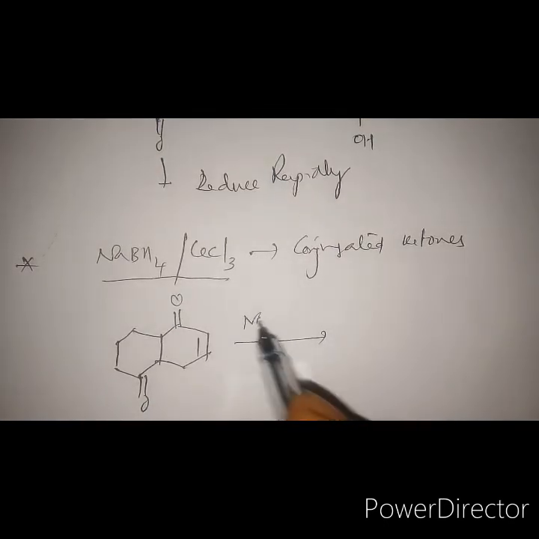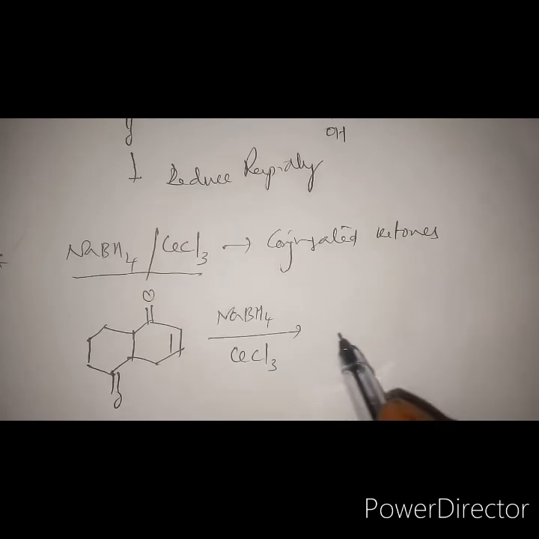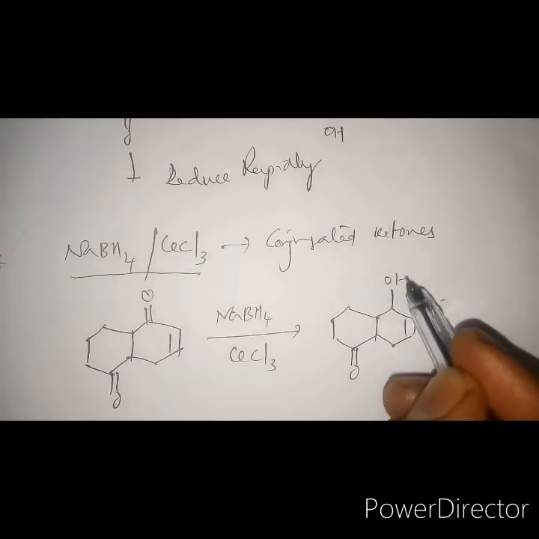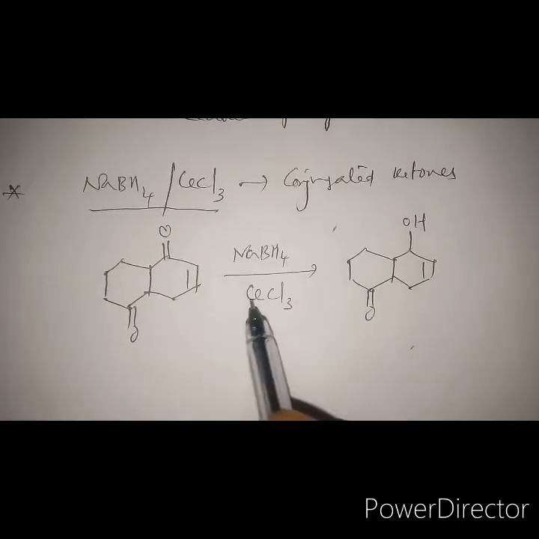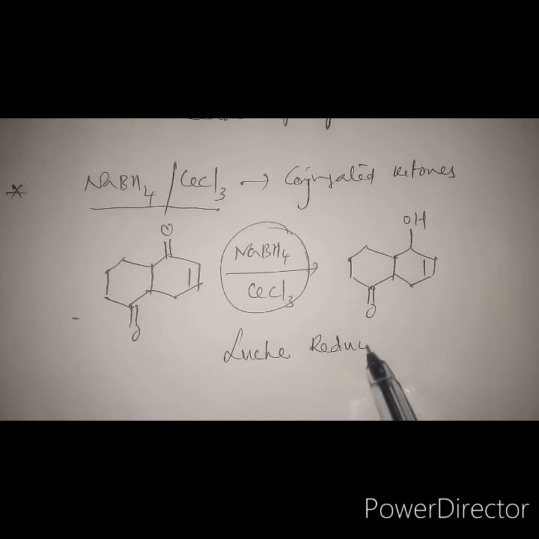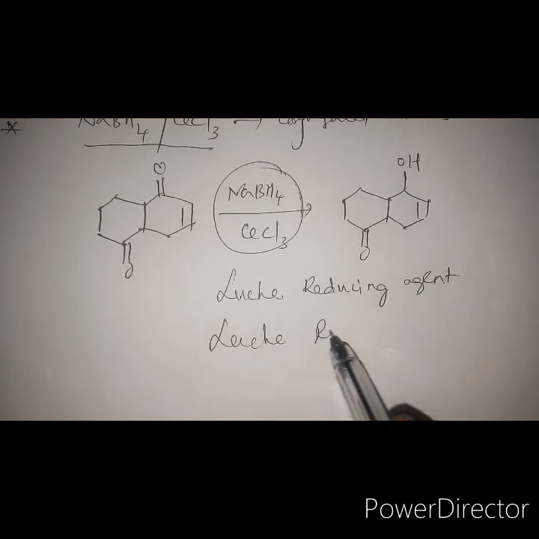With sodium borohydride and cerium chloride, the unconjugated will not undergo reduction, only the conjugated ketones. This reagent we call the Luche reducing agent, and this reduction we call the Luche reduction.